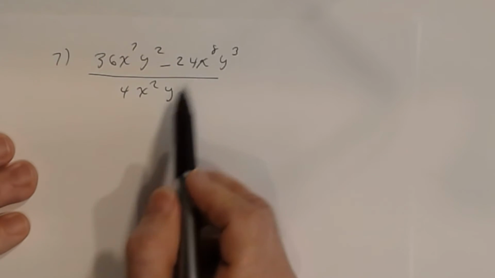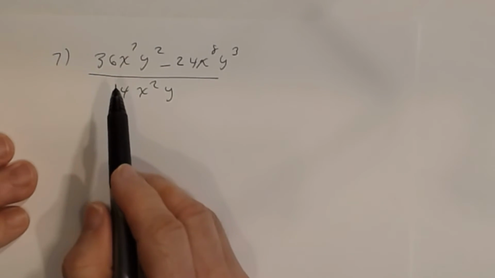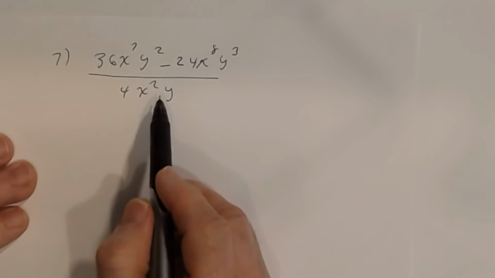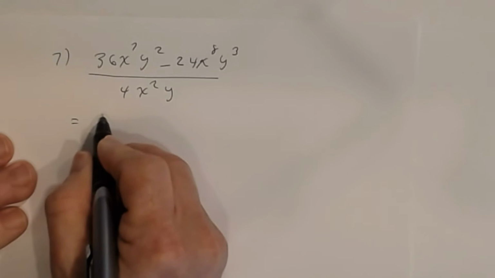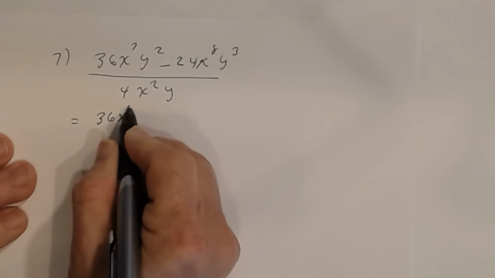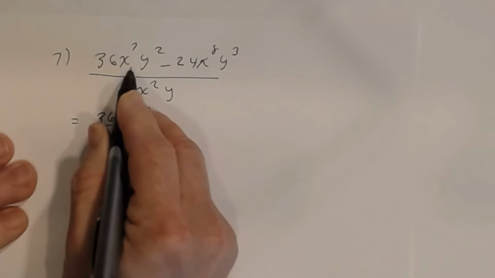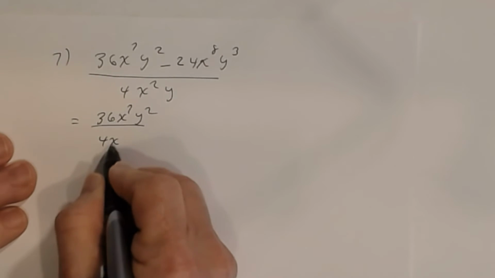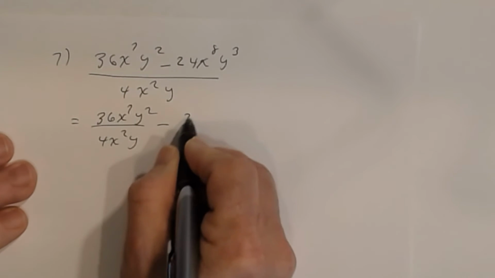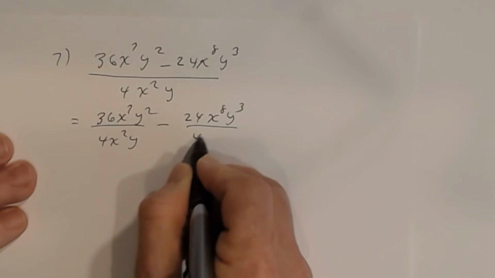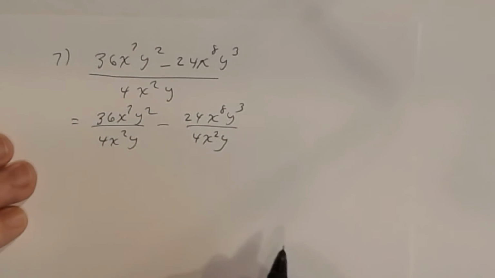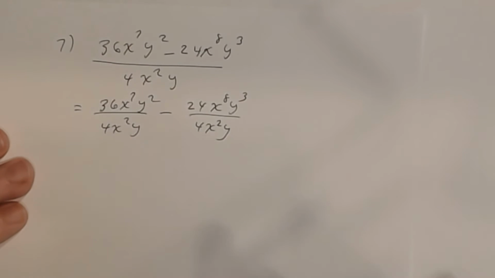So I have a polynomial divided by a monomial. Remember, the way you're going to divide is to rewrite this. Since I have two terms up here, rewrite this into two fractions: the first term divided by the denominator, and then the second term divided by the denominator. And then you reduce, just like we've been doing.